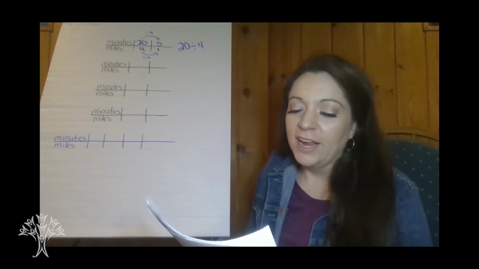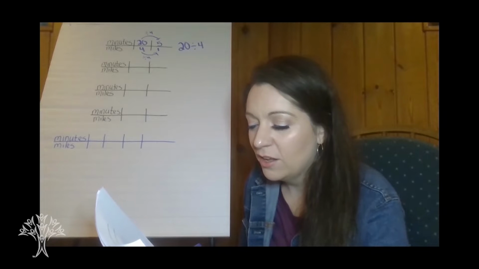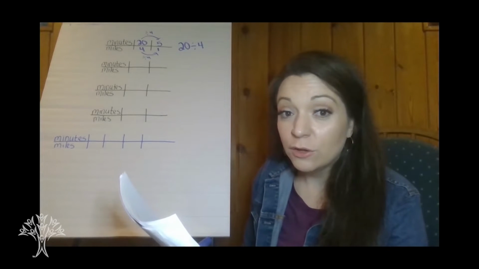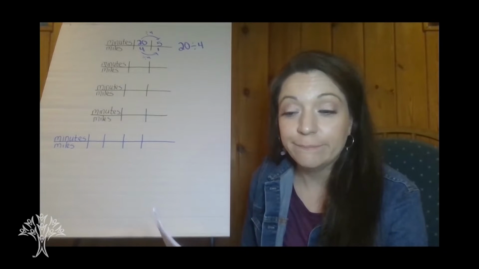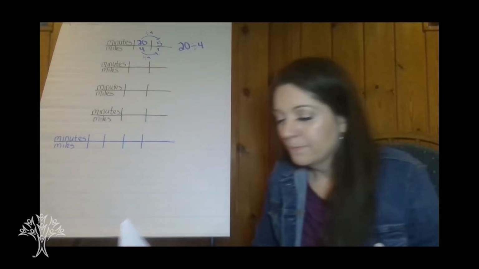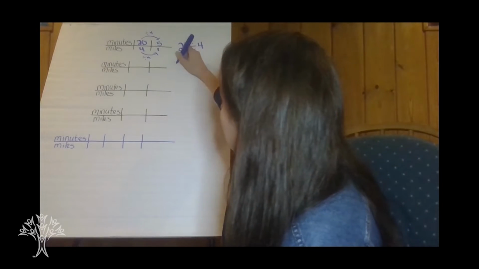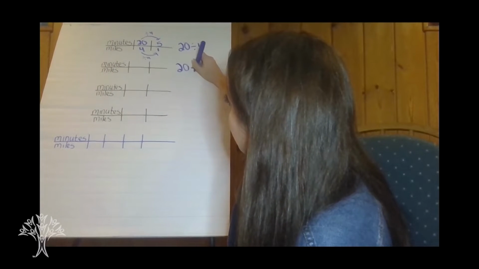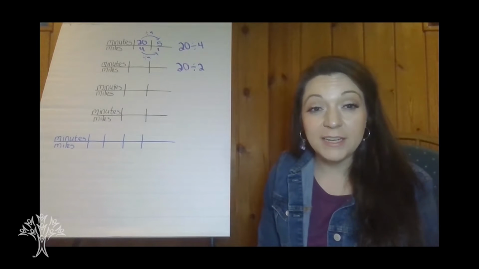If a student ran 2 miles in 20 minutes, how fast was he running? What was his pace per mile? 2 miles, 20 minutes. Write an expression and try to use a ratio table to solve it this time. Go ahead. Did you come up with 20 divided by 2?